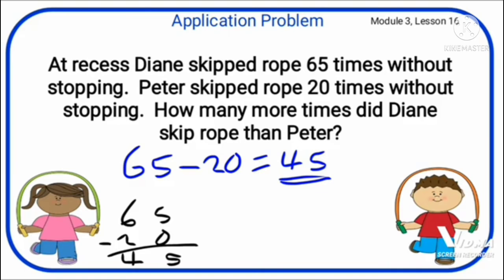Now, if you cross out 2 bundles of 10 from 6 bundles of 10 and 5 ones, which is 65 minus 20, you're sure going to get the answer, 45. So Diane skipped rope 45 times more than Peter. That is the answer. Do you enjoy skipping rope? I know you do.